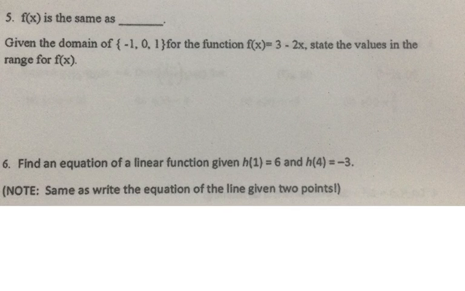Okay, so we've got a couple of new vocabulary words here. Look at 5. It says f of x is the same as blank. And then when I read underneath it, it says given the domain of -1, 0, and 1 for the function f of x equals 3 minus 2x, state the values in the range for f of x.